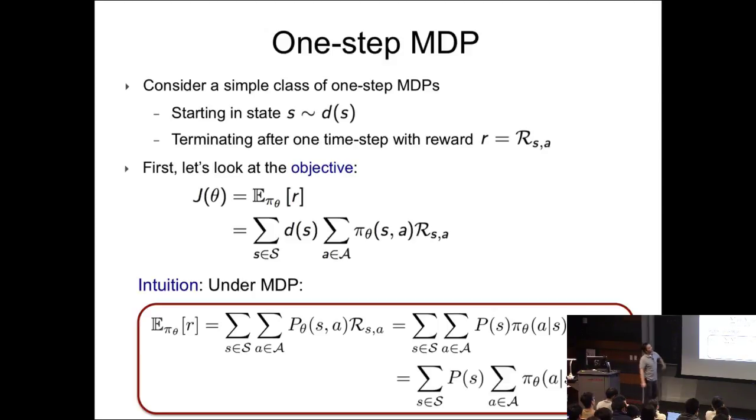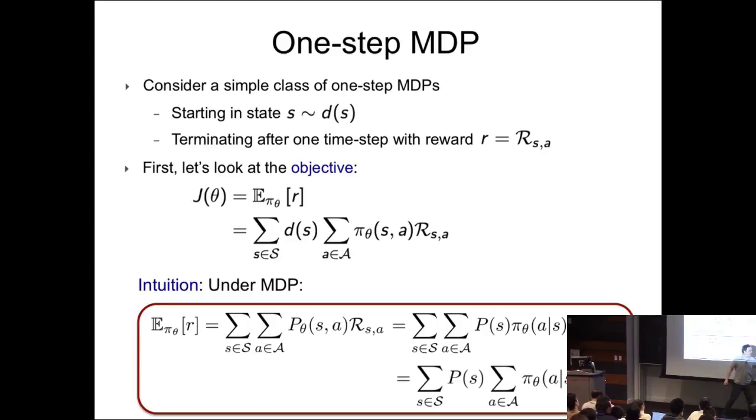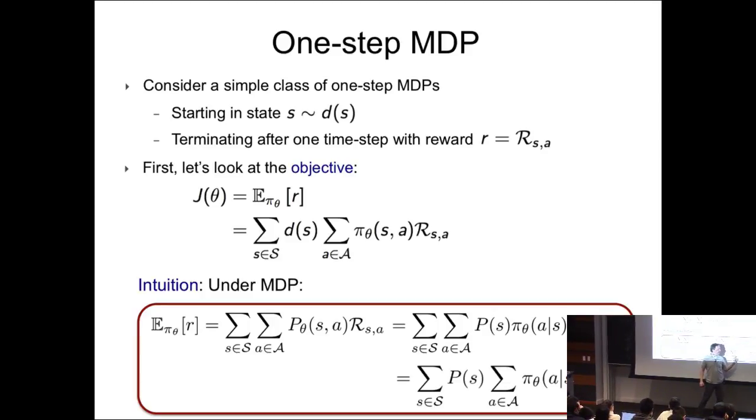And this is exactly what's being displayed here. I can say it's the average of this quantity: take the average of the rewards according to your policy, weighted by the policy, and average over all possible states. Right? That's the objective.